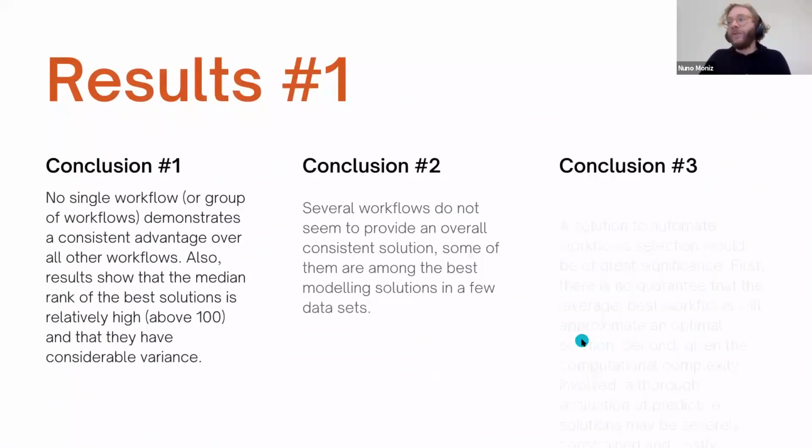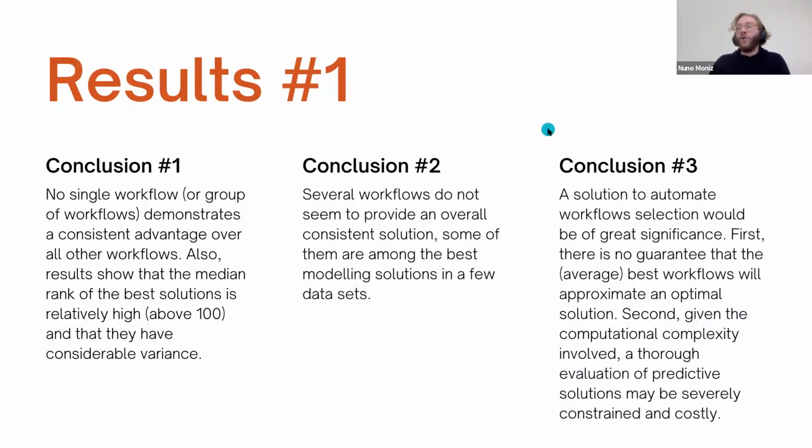So this is quite relevant for us because in order to automate the selection of workflows, if we manage to take all of this into account, this would be great. But the best thing here, and I want to stress this again, is the significant reduction of computational complexity and energy costs that would be associated with this.